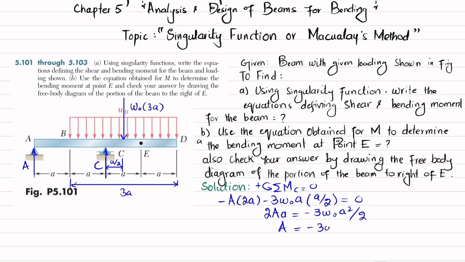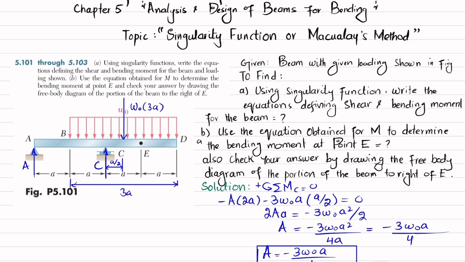So minus 3 W naught a square over 4a, so we will get minus 3 W naught a over 4. So what I get is A is equal to minus 3 W naught a over 4. This is the reaction force offered by the pin support at A on this beam.